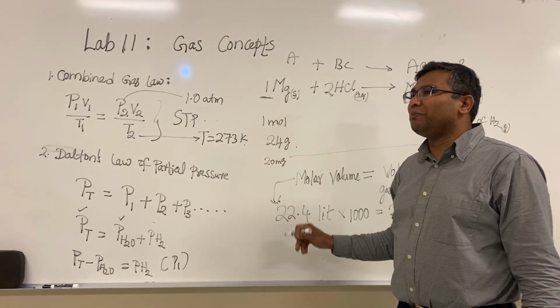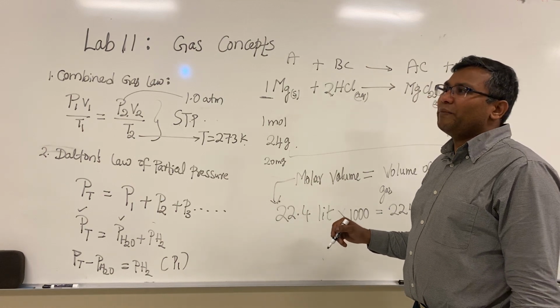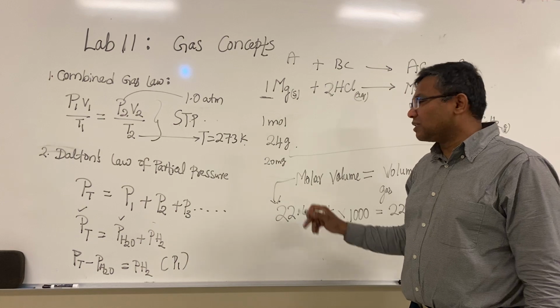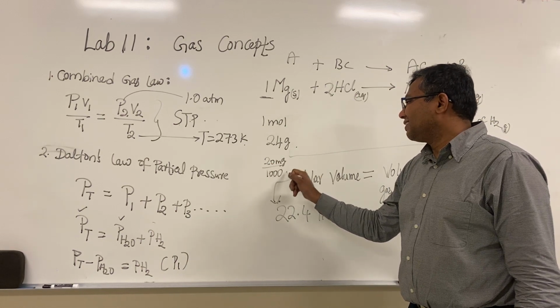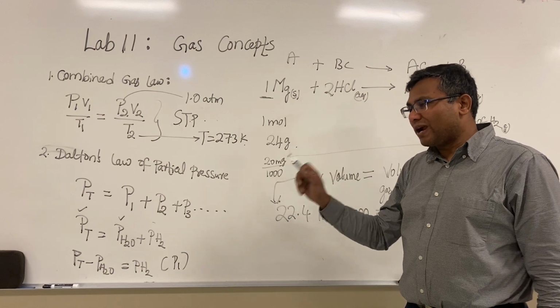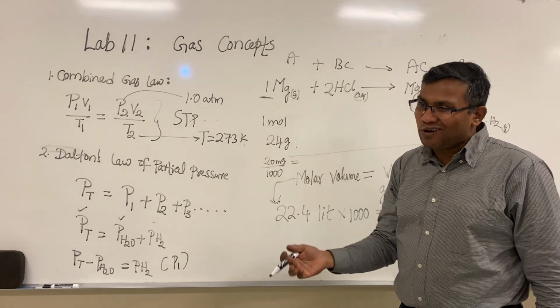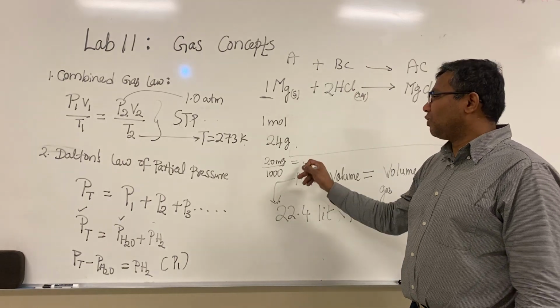How do you convert milligrams to grams? You divide by 1000, because one gram is 1000 milligrams. So you do 20 divided by 1000.